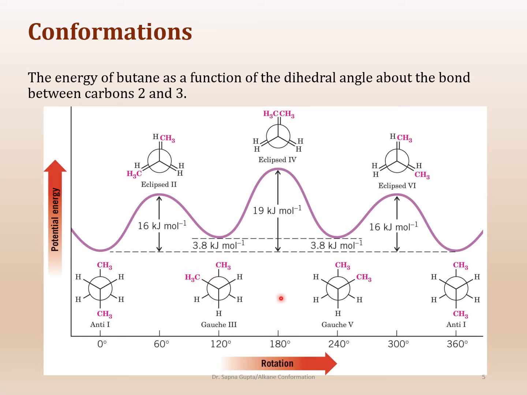Sometimes gauche are also called staggered. And so we have anti, eclipse, gauche, eclipse. This is total eclipse, and then gauche, and then eclipse again, and then back to the anti. So these are the energy changes that go on as the bond is rotating. Looking at all of this, it's easy to see that this structure of butane, where the CH3 is right behind each other, is going to be the least stable structure.